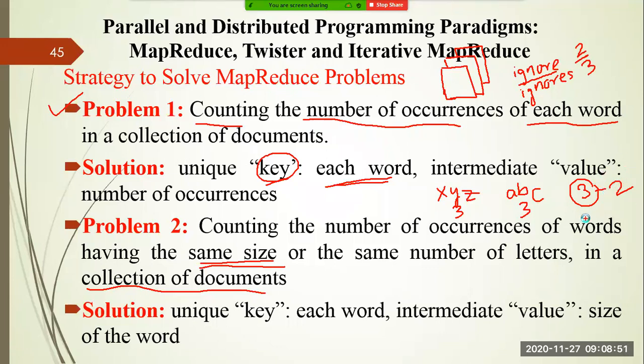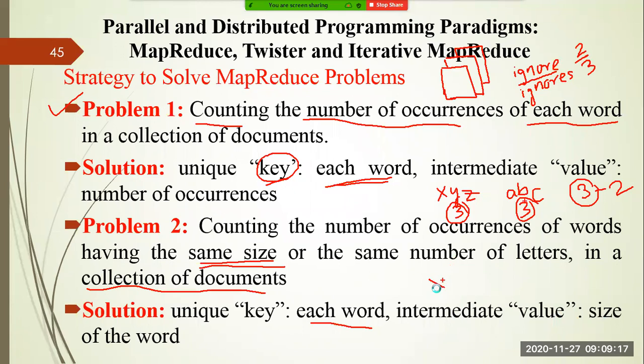So if you solve this particular problem, the unique key is nothing but your word, but the intermediate key is nothing but the size of the word. Size of the word means here XYZ is 3, ABC is 3. Then finally you will accumulate how many 3 letter words are there, how many 4 letter words are there, right?